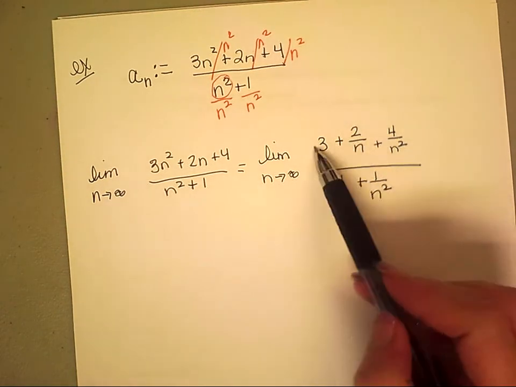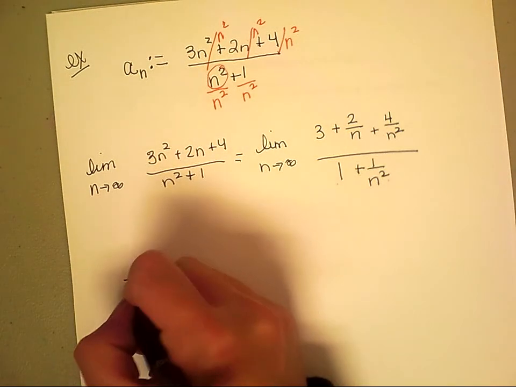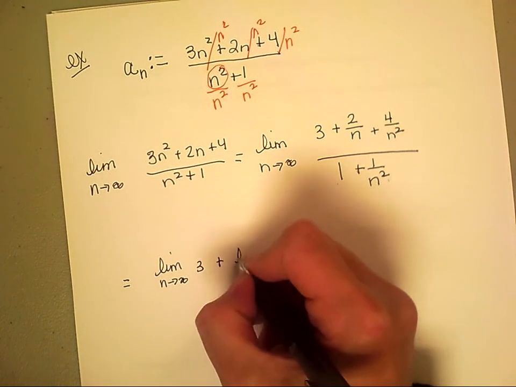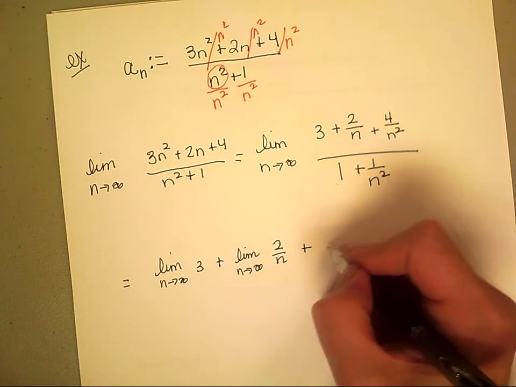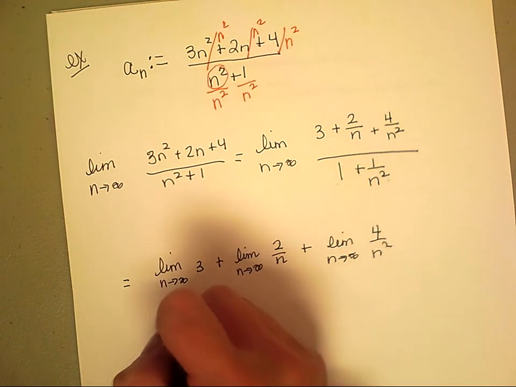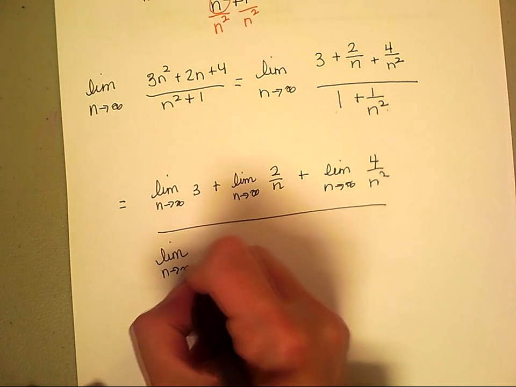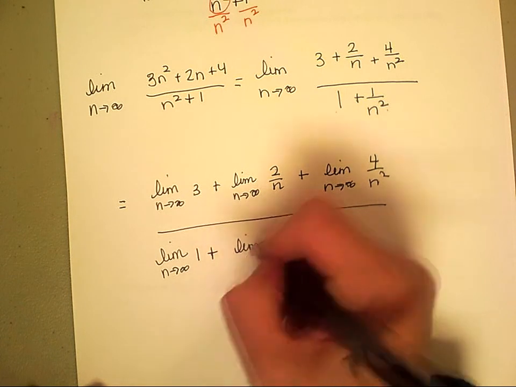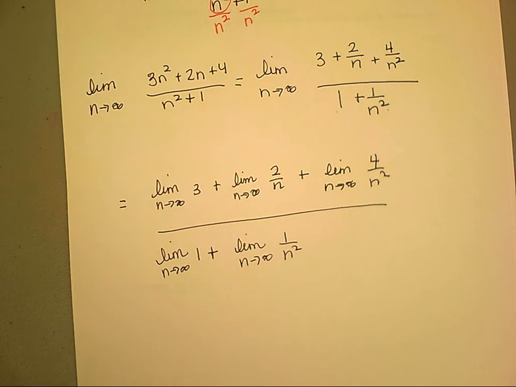Now that we've done that, we can go term by term and think about what the limit is. So this is equal to the limit as n goes to infinity of 3 plus the limit as n goes to infinity of 2 over n plus the limit as n goes to infinity of 4 over n squared, divided by the limit as n goes to infinity of 1 plus the limit as n goes to infinity of 1 over n squared.